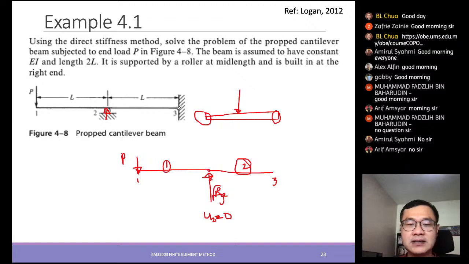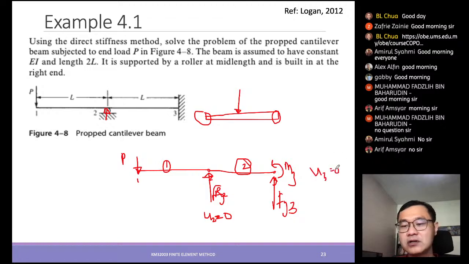Then at node number 3, this wall will hold the beam from falling down. Therefore at this particular node you will have a bending moment, M3, as well as Fy3, to hold it. Then you can see that at this point the displacement should be equal to 0, and there is no rotation.